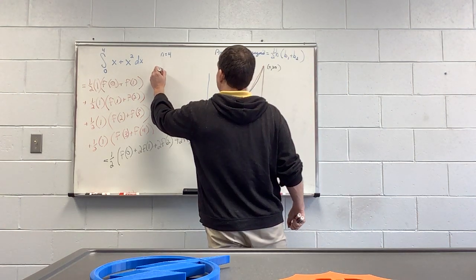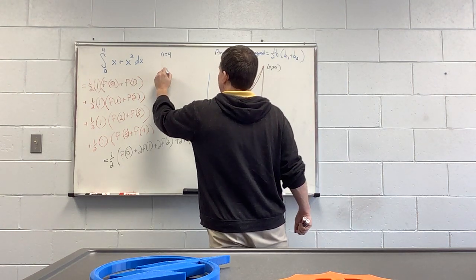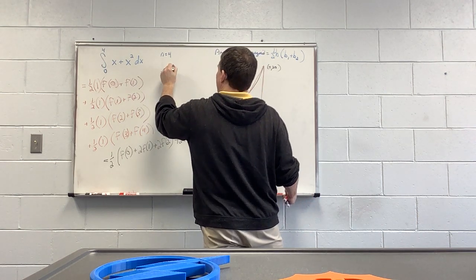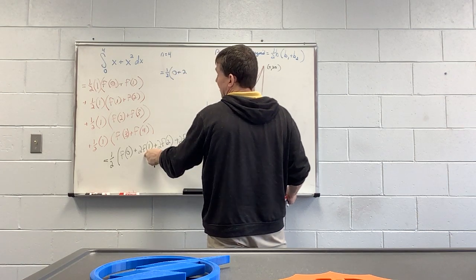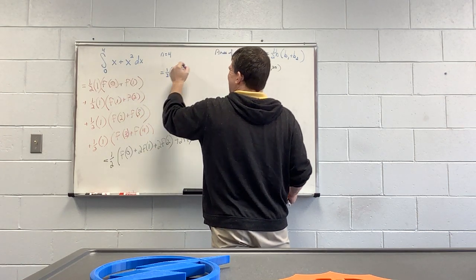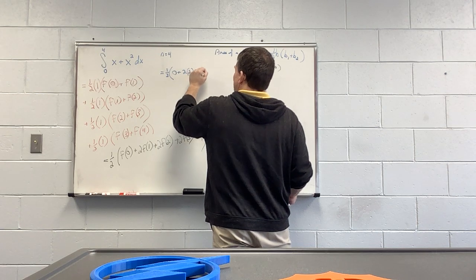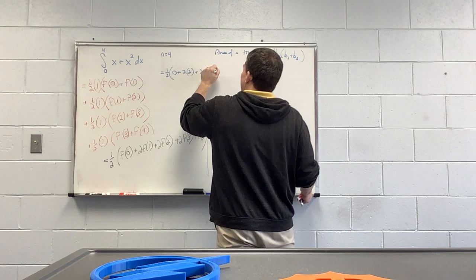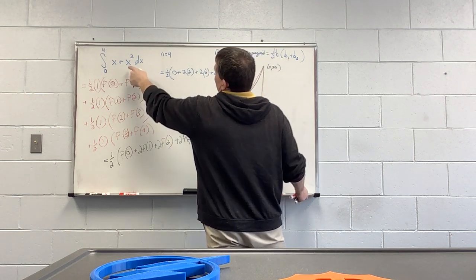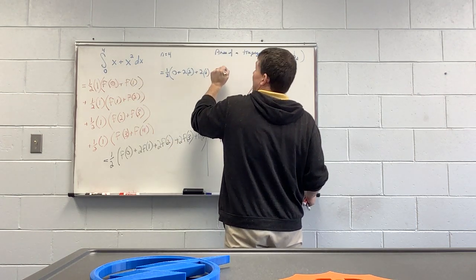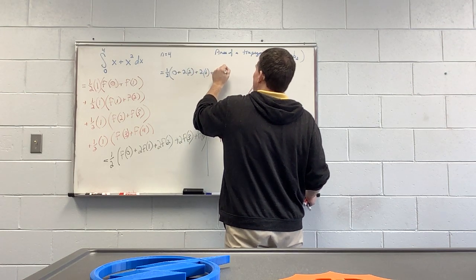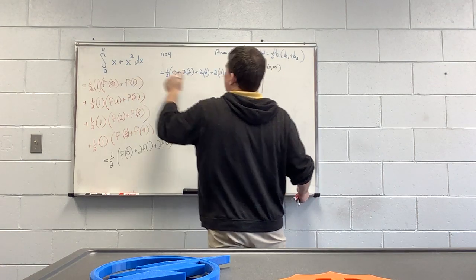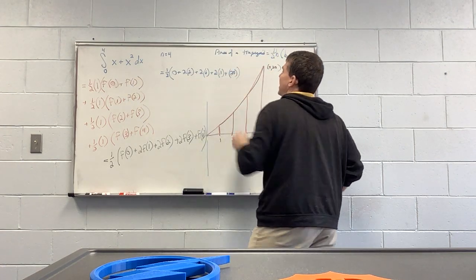If I then do that for this, I get a 1/2 on the outside. f of 0, that's 0 plus 0, which is 0, plus 2 times f of 1. 1 plus 1 is 2, plus 2 times f of 2. 2 squared is 4, 4 plus 2 is 6, plus 2 times f of 3. 3 squared is 9, plus 2 is 11, plus 1 f of 4. f of 4, 4 squared is 16 plus 4, I get 20.